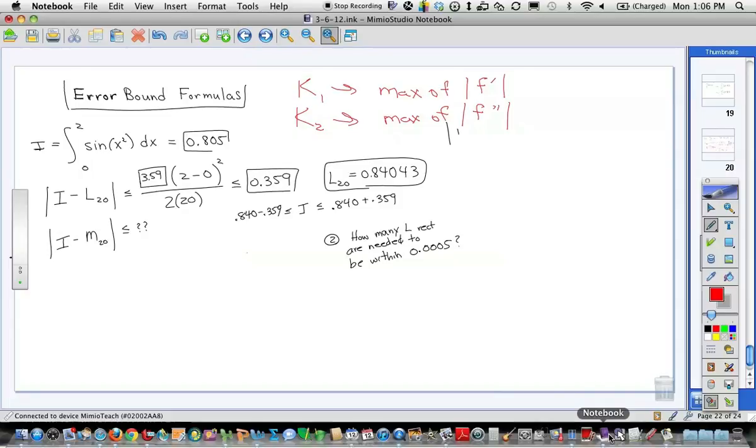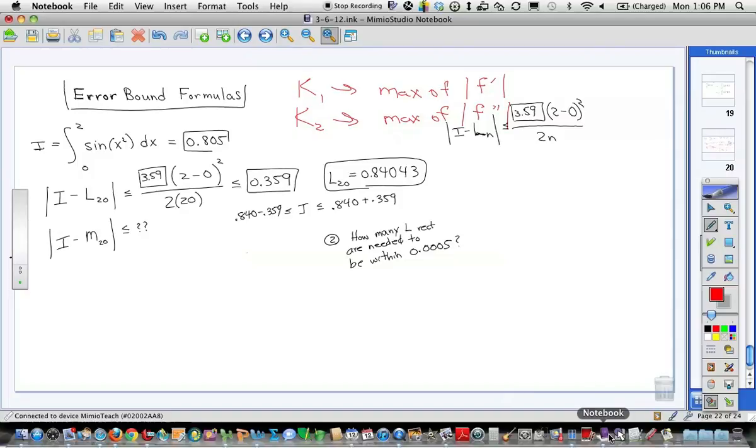Well, let's write it out. So I minus L sub n would be less than or equal to, here's our K1, 3.59. We already found that. Times 2 minus 0 squared, divided by 2n. We don't know n.